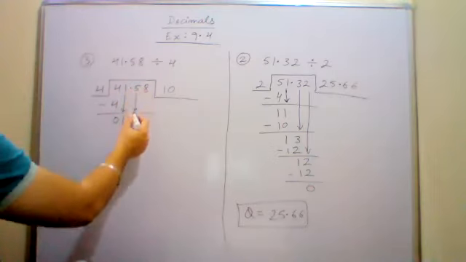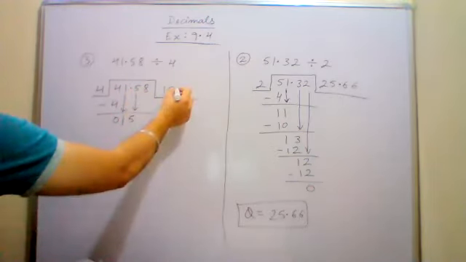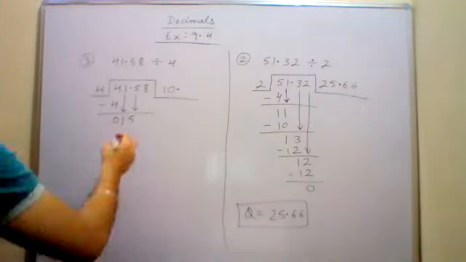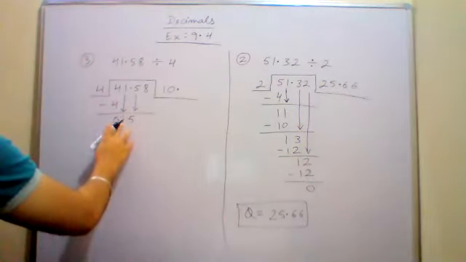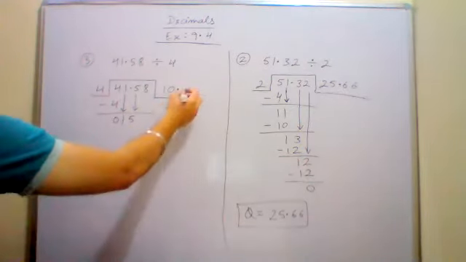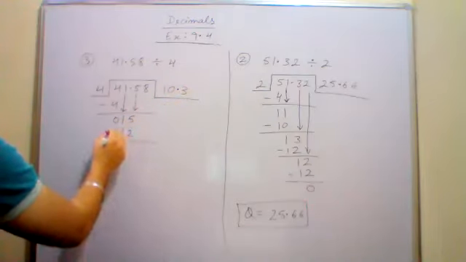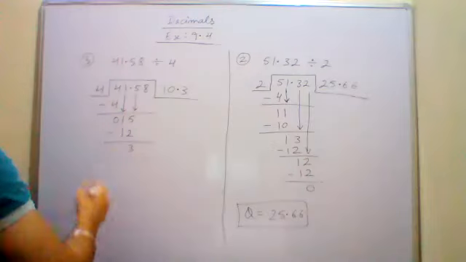हमने decimal के बाद का digit copy कर दिया है. So write decimal also. Decimal will also come. 10 point. So 15. Now the number becomes 15. 4 threes are 12. Subtract, 15 minus 12 is 3.